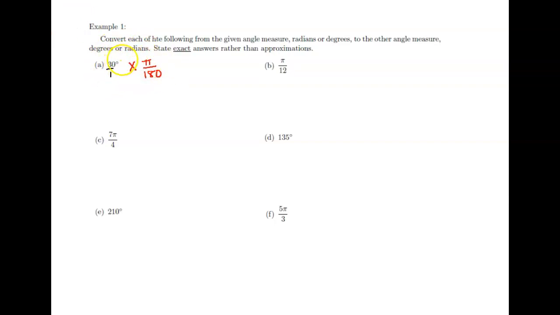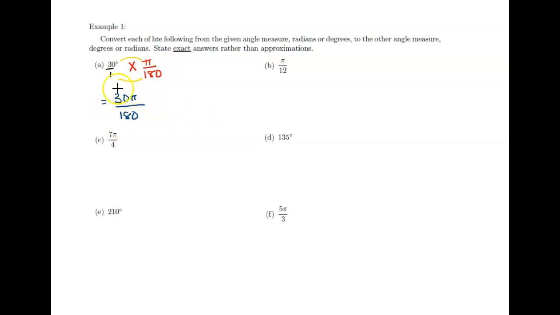And when we multiply fractions, we multiply the tops and we multiply the bottoms. So that brings me to 30 times pi, and since we're dealing with exact answers, it's going to be 30 pi divided by 1 times 180, 180 there.